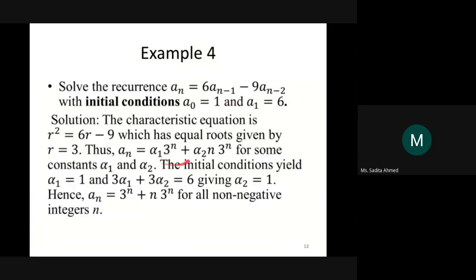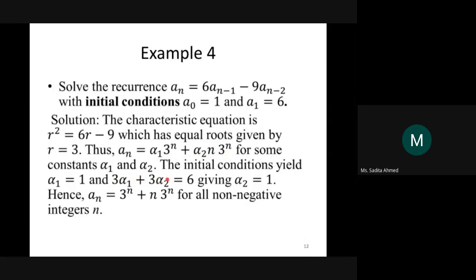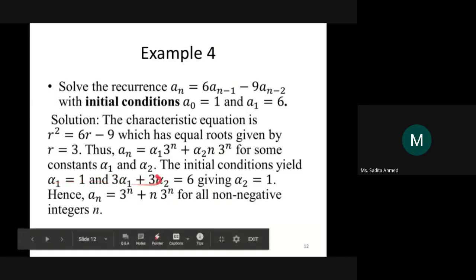Alpha 2 multiplied with 1 for n is equal to 1, multiplied with 3 to the power of 1. So this is the equation you get: 3 alpha 1 plus 3 alpha 2 is equal to 6. We already know the value of alpha 1. So from here, we can find the value of alpha 2 easily. Then we put those values in this equation, and we have solved the recurrence relation. And this equation exists for all non-negative integers n, that is for all n greater than or equal to 0.